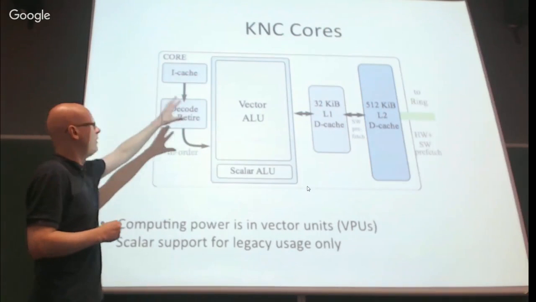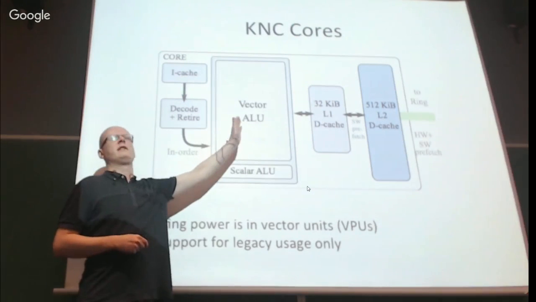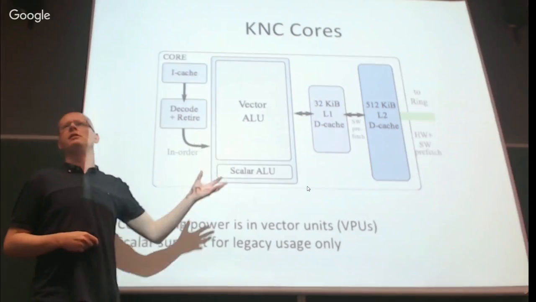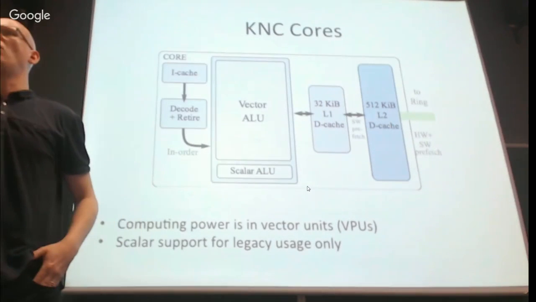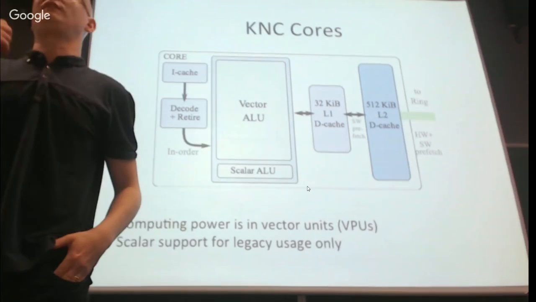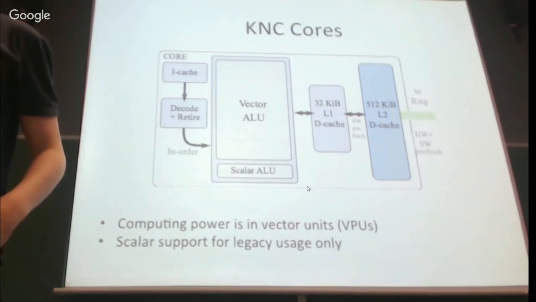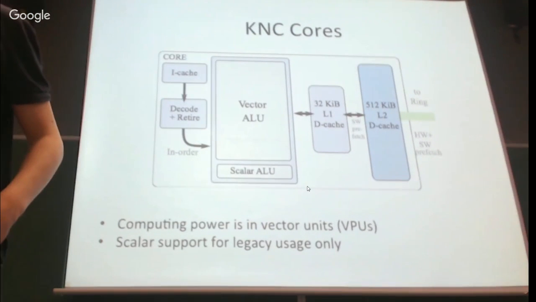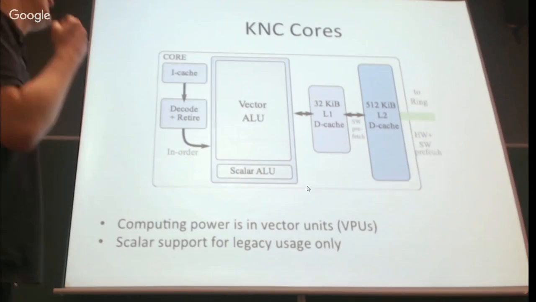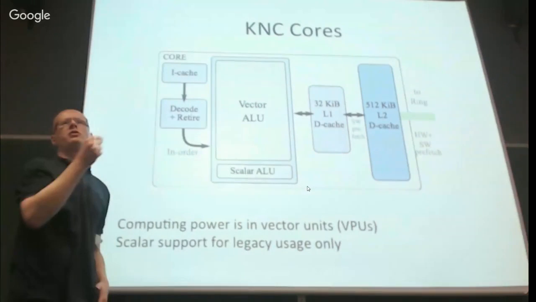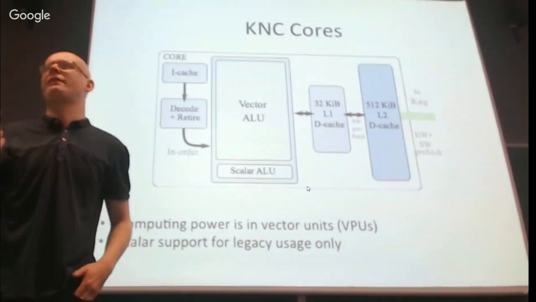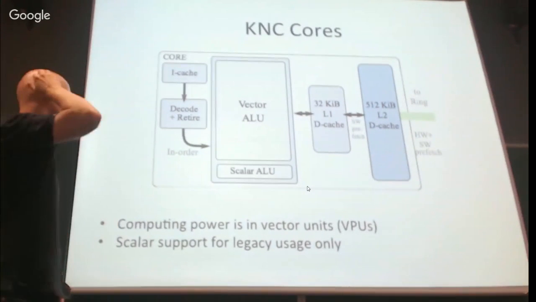And here's what's most important: this large vector unit, the VPU. Because the core frequency is so low, the scalar side is really there to serve legacy workloads. But in order to get performance on the Xeon Phi, you need to exploit this large vector unit, which we're going to call a VPU from now on, vector processing unit. It's 512-bit wide.